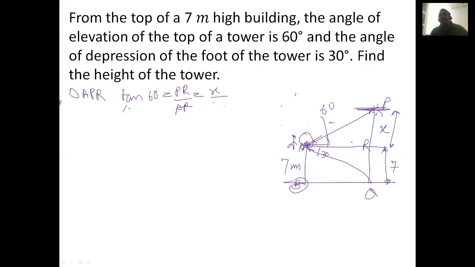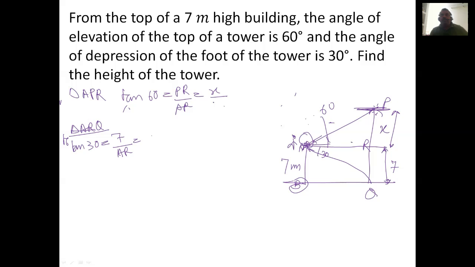So here the problem is that, first of all, we find the value of AR. In the other triangle, ARQ, the bottom one, tan 30 is equal to 7 upon AR.